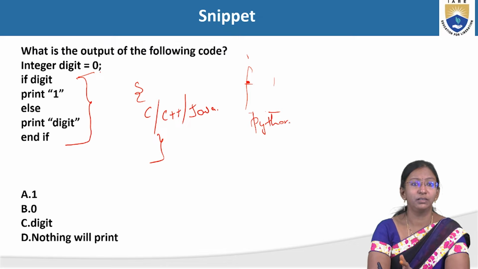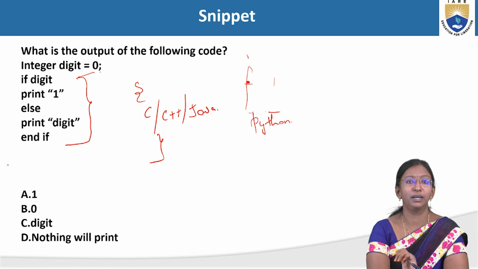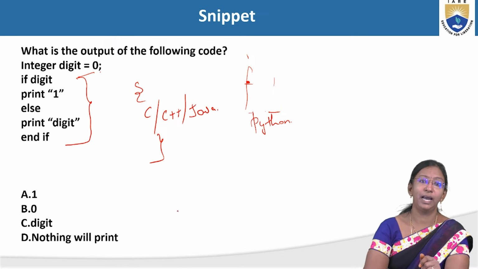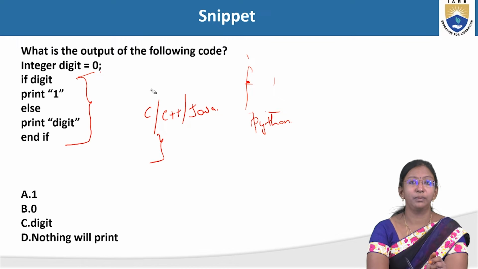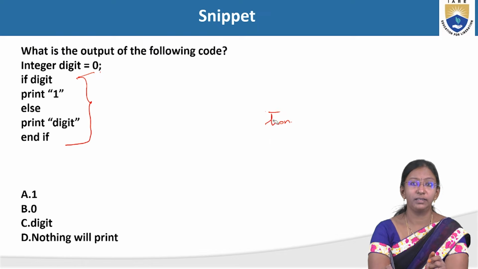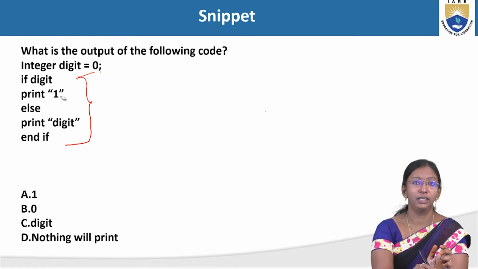Nothing is given. So to specify the end of the if structure, they write the words end if. So obviously you can observe where it starts and where it ends.